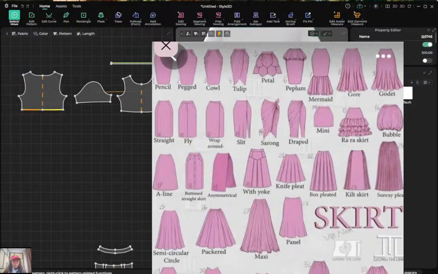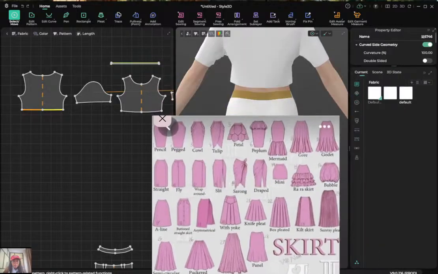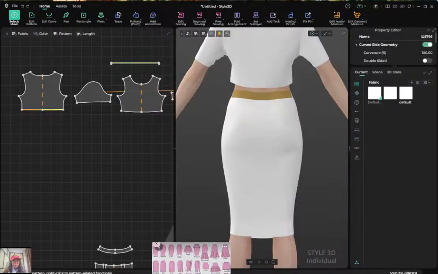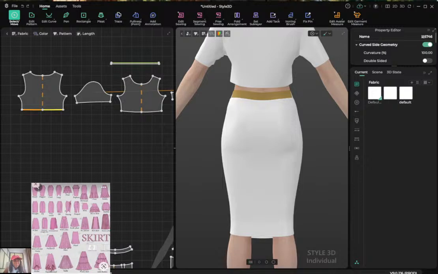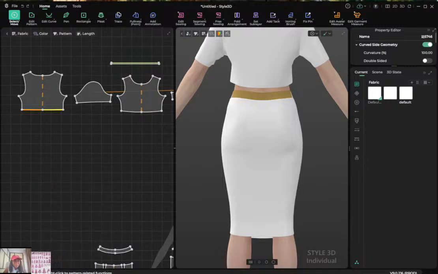Oh no, I'm supposed to move this so that you guys can see. Okay, so I'm supposed to move this so that you guys can see.